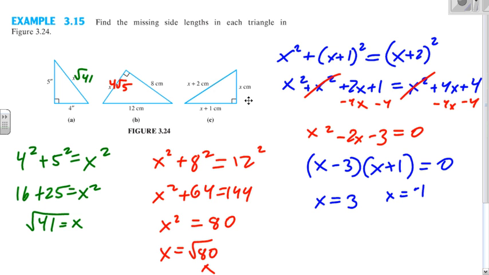But side lengths cannot be negative, so x equals 3. So this side would be 3. This one would be 3 plus 1, which is 4. And then the hypotenuse would be 3 plus 2, which is 5.